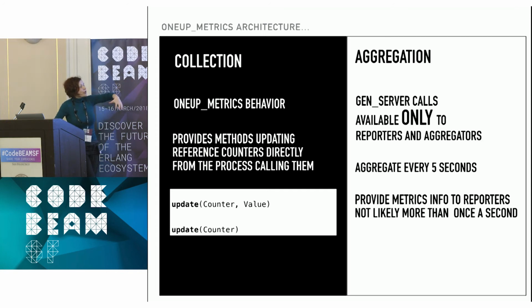And then there is the aggregation side to it, which is gen server calls that are only available to reporters and aggregators. But that's a safe thing to do, because those guys don't kick in until maybe only once a second or every 5 seconds. So these guys will be actually doing more complex work. And the problem there is the actual correctness of the metrics collection, but that's a subject for another talk probably. We do try to do our best as far as correctness goes.